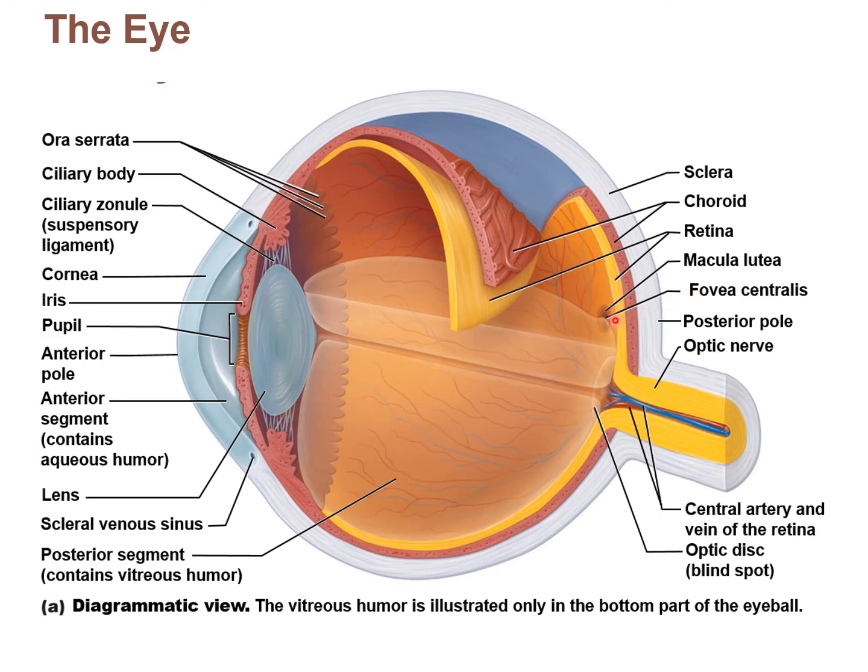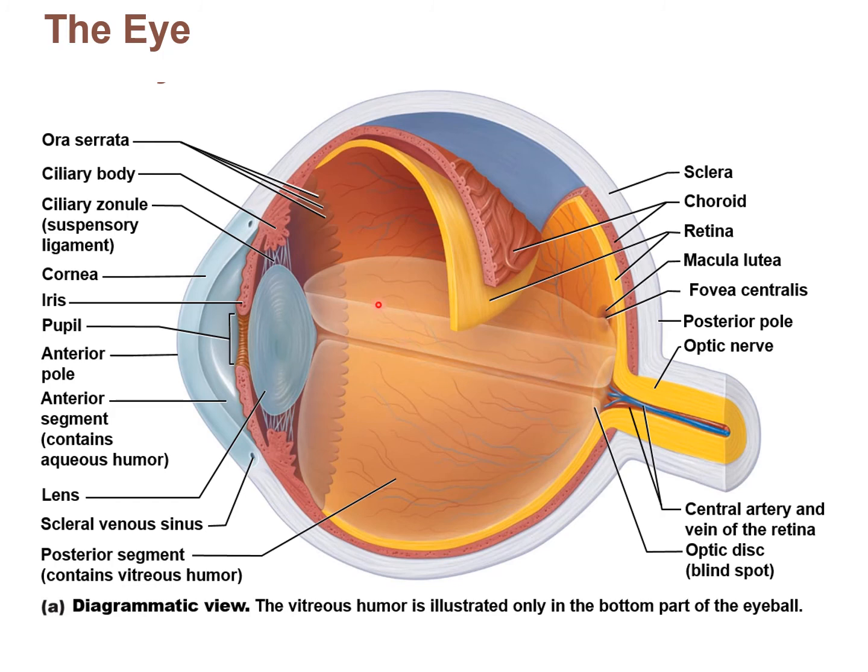That is where there's all cones and no rods. So there's your area of highest visual acuity. Starting at the fovea centralis, working your way towards the periphery, we have less cones, and opposite, starting at the periphery, working your way to the fovea centralis, you have less rods, and then no rods right in the fovea centralis.